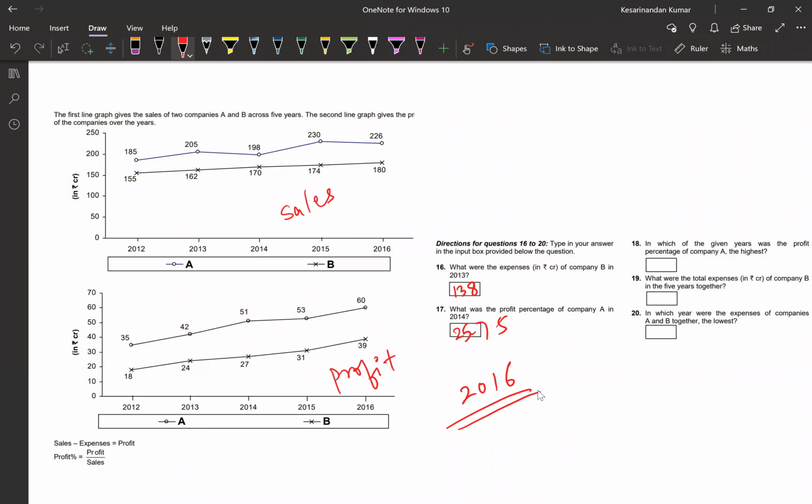Yes, Ashwik, correct. So the answer for the 19th is 702. A lot of you have got it correct.